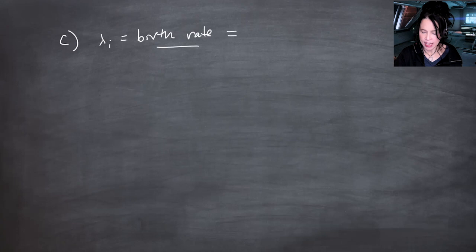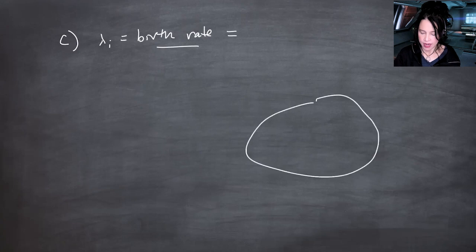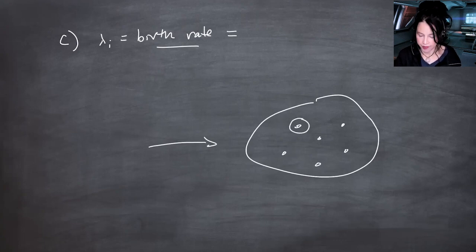And if I is less than n, when is the next birth? So we have these I people, and we have a constant stream here. So this person will give birth after an exponential amount of time with rate lambda. And this person will give birth after an exponential amount of time with rate lambda.